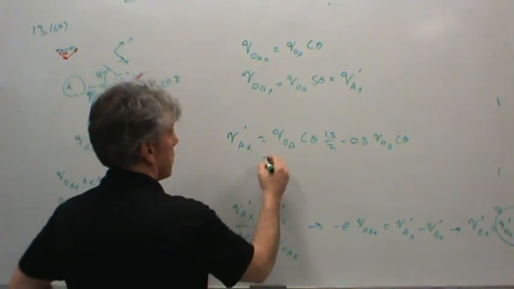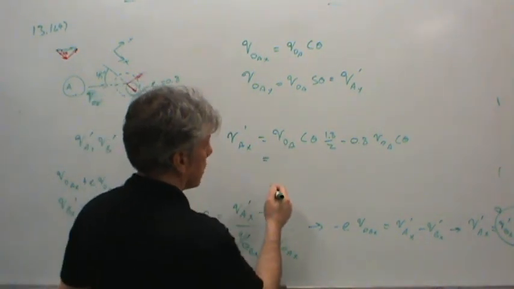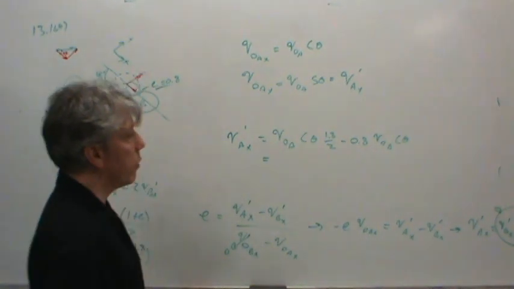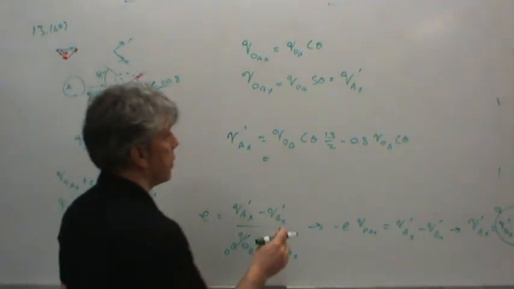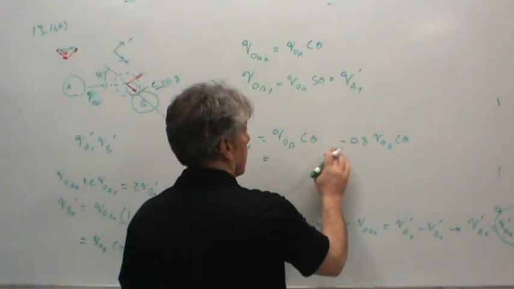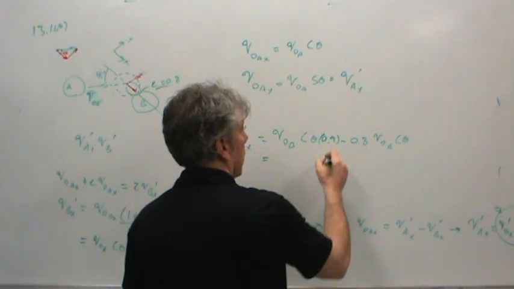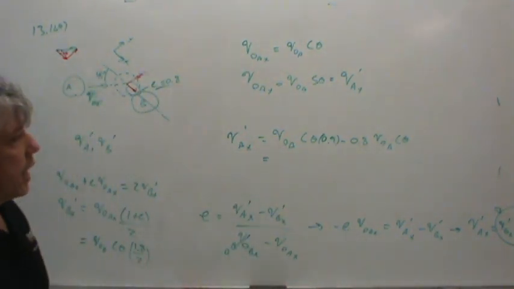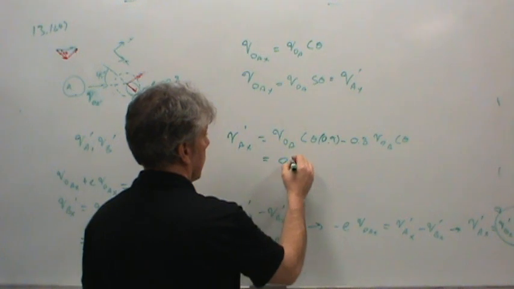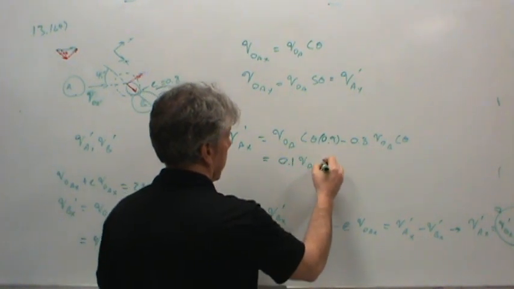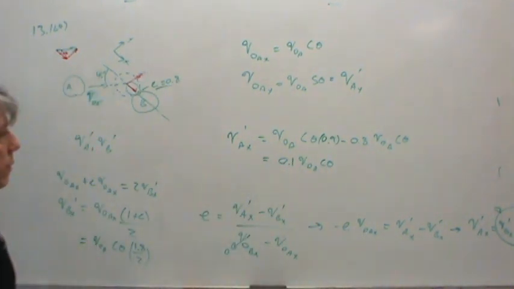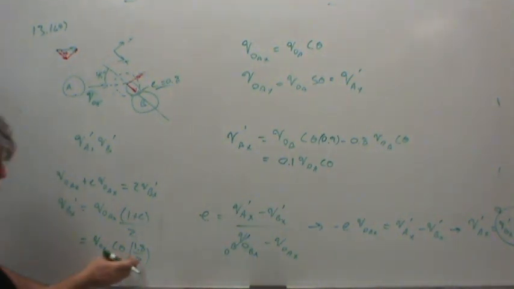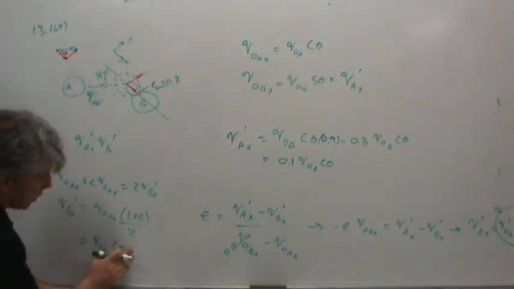And so all we need to do is take 0.8 away from 1.8 over 2. Well, 1.8 over 2 is just 0.9, isn't it? So we can just write that. And so 0.8 away from 0.9 would give us 0.1. So 0.1 V naught A cos theta would be our result. And I guess we could make that substitution here as well. This would be 0.9 as well.